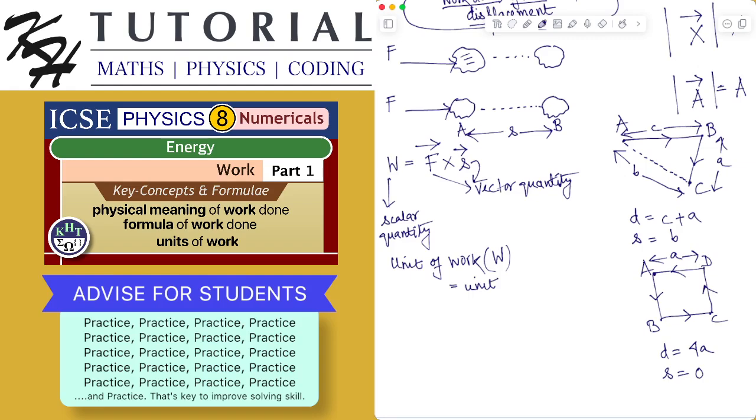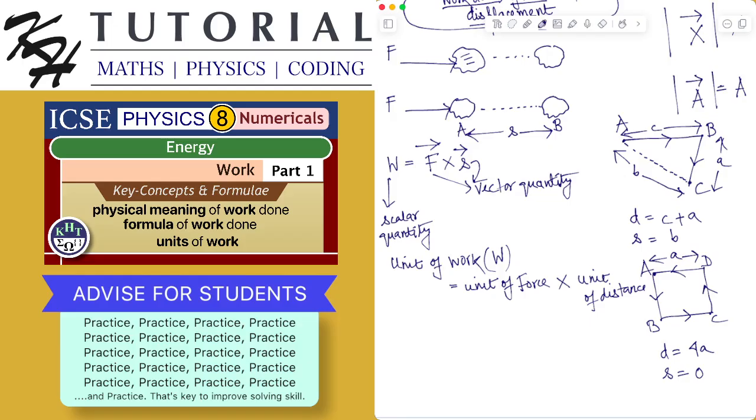Displacement is essentially a length. Even though displacement has a direction, the value of the work done is nothing but the magnitude of the force multiplied by the displacement in the direction of the force. So this is basically how we should derive the units.